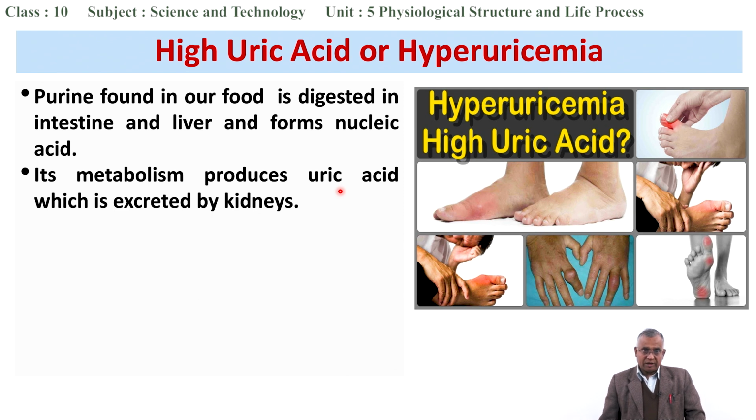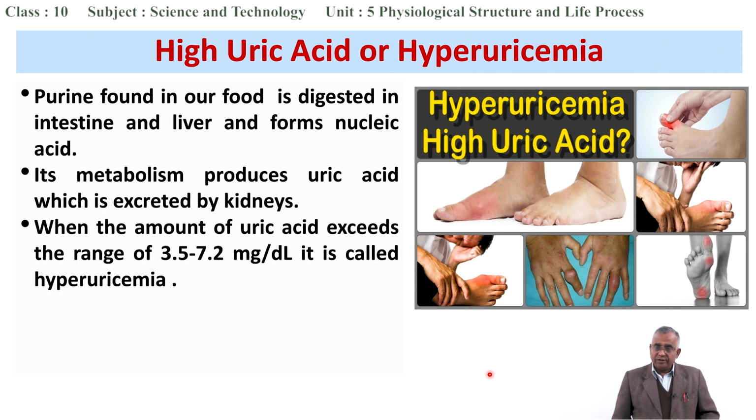So its metabolism produces uric acid, which is excreted by the kidneys. So look here. Here in the liver, intestine, kidneys, at these different places it comes. So if any organ of them is not functioning properly, then it leads to what? High uric acid or hyperuricemia.